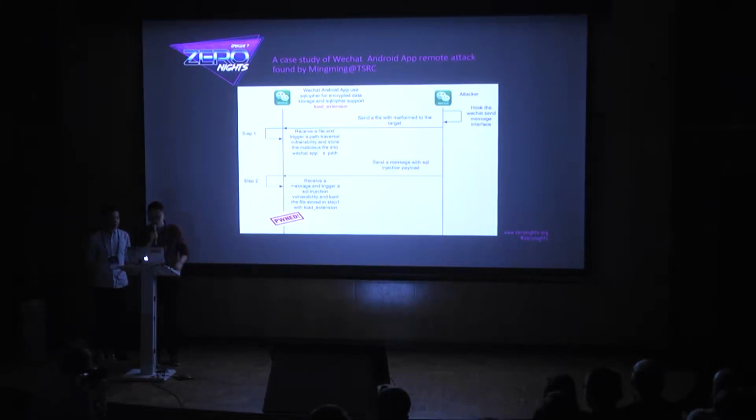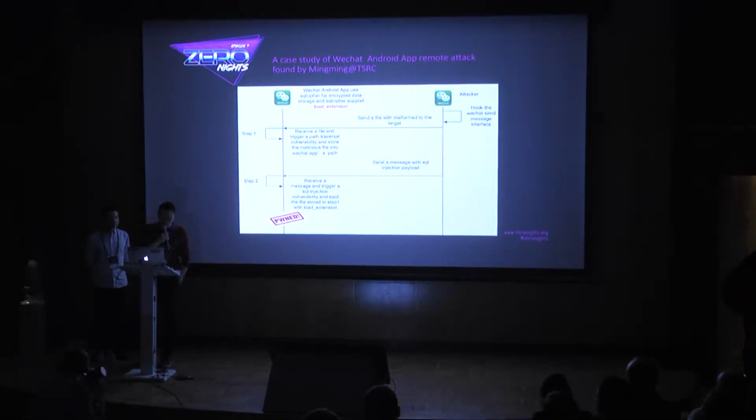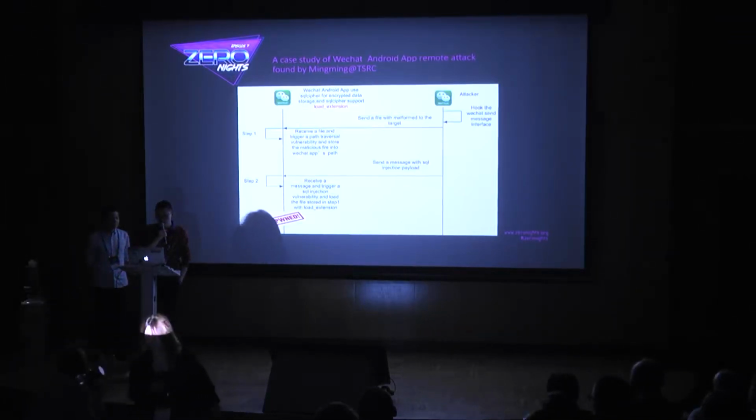First, the attacker will hook the WeChat send message interface. And then he will send a file with a malicious path to the target. This is step one. The victim will receive the file and trigger a path traversal vulnerability, storing the malicious file into the WeChat app's internal path.